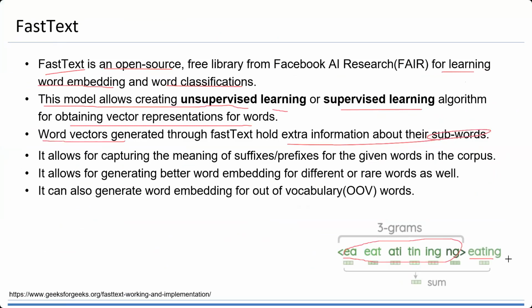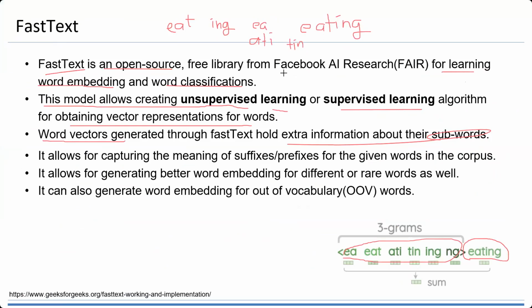For example, I have the word eating. The word eating can be created from any kind of characters, or we call them subwords. We can have ing, or we can have EA, or we can have ATI, or we can have TIN.